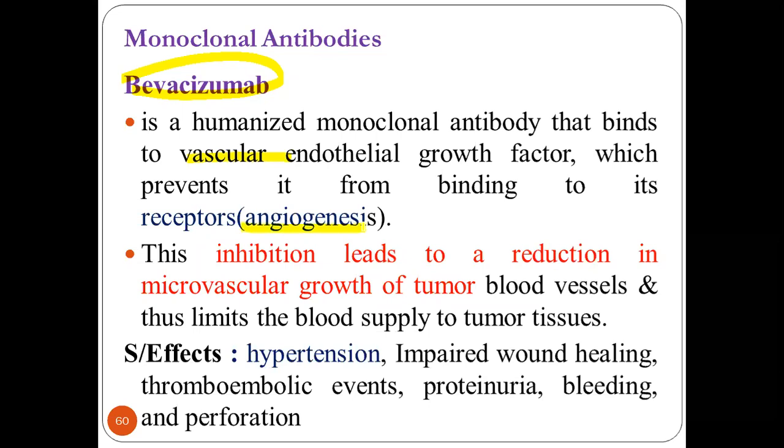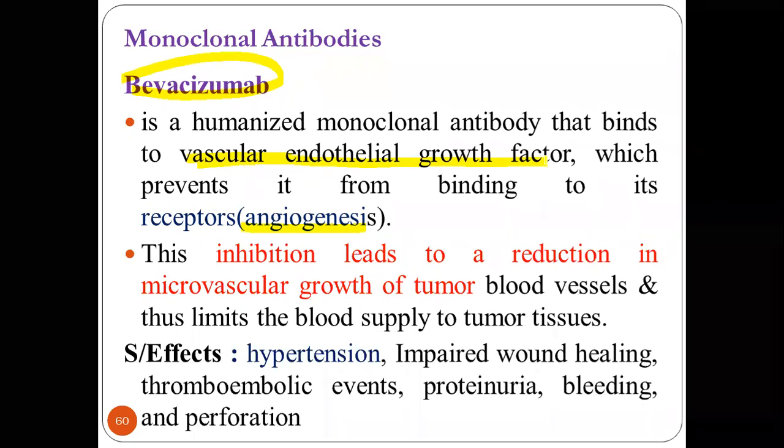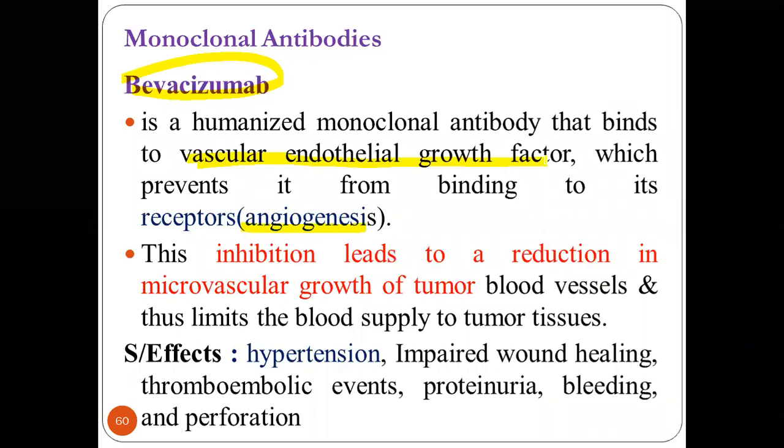One of the molecular mechanisms of cancers is that they promote the expression of vascular endothelial growth factor, and they promote the production of their own blood vessels. We call this angiogenesis. So the main mechanism of bevacizumab is that by inhibiting this, it prevents angiogenesis in the cancer cell so that the cancer will not get blood and essential nutrients for replication. Okay, so that is the real mechanism.